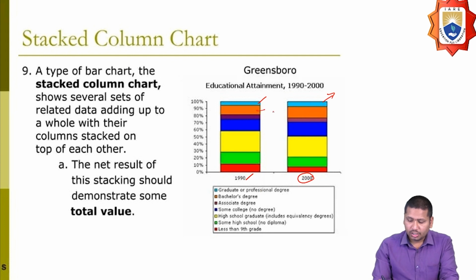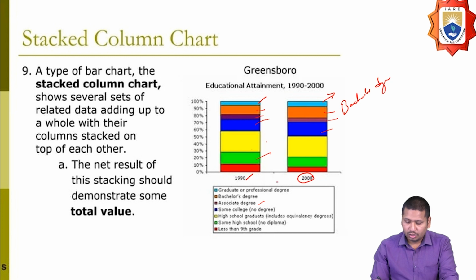Similarly, this orange color indicates bachelor degree, and this purple represents the associate degree, and some college degree in blue color, and yellow should be high school graduation, some high school no diploma, and less than 9th grade. This kind of information I can represent in a stacked bar chart.